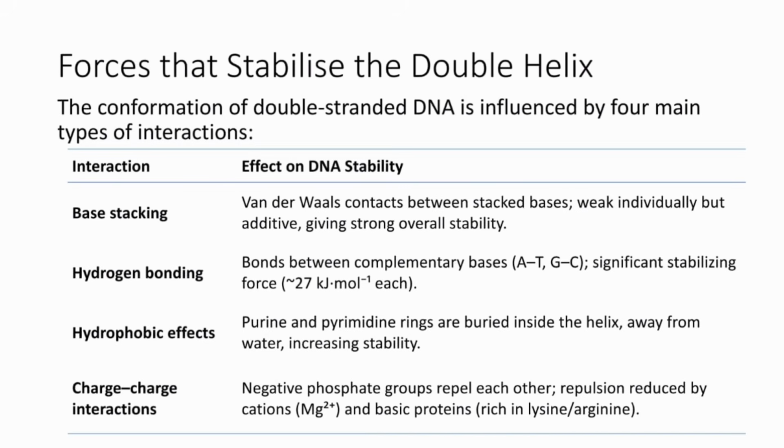Hydrophobic effects, where the purine and pyrimidine rings are buried inside the helix away from water, increasing stability. Then charge-charge interactions, where the negative phosphate groups repel each other. And this repulsion can be reduced by cations and also basic proteins such as lysine and arginine.